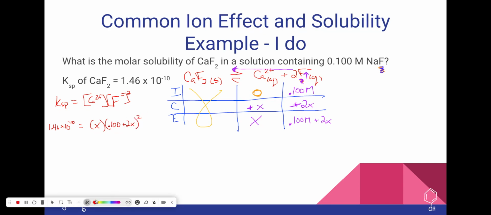Now, I'm about to teach you guys something new here called the x is small approximation. Okay. The reason why, guys, we want to start getting into this idea that x is so small is because the values of many of the Ksps we're going to be working with are magnitudes further away from the actual concentrations we're dealing with, so the change in x is small.